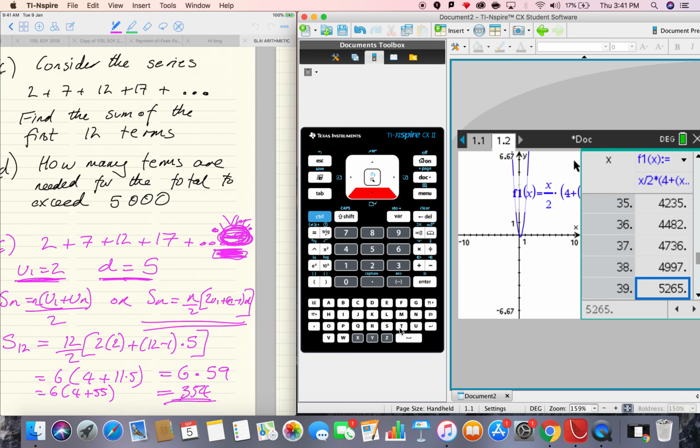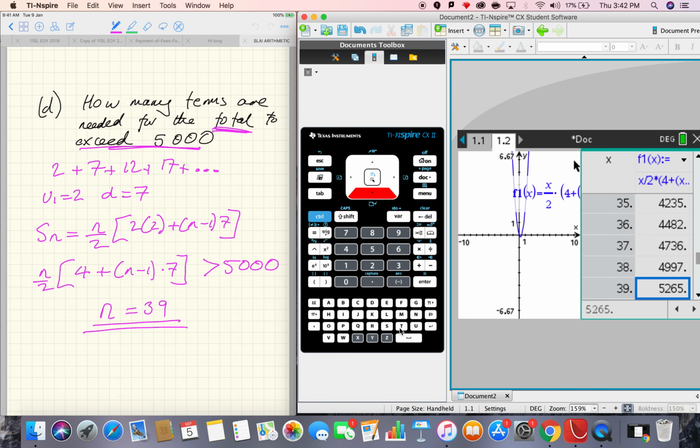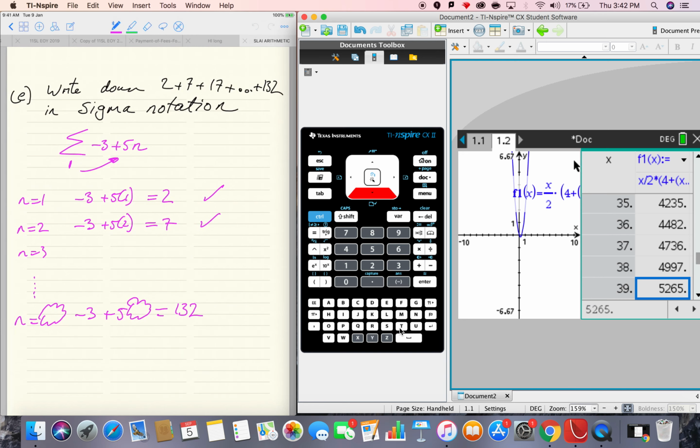Let's have a look at the start again. We've already got the answer here, haven't we? Because we said that 132 turned out to be the 27th term in the sequence. So we're going to use that information in the final part, because we have to add up all the numbers from 1 to 27. You can put n equals 1 here, and n equals 27 here.